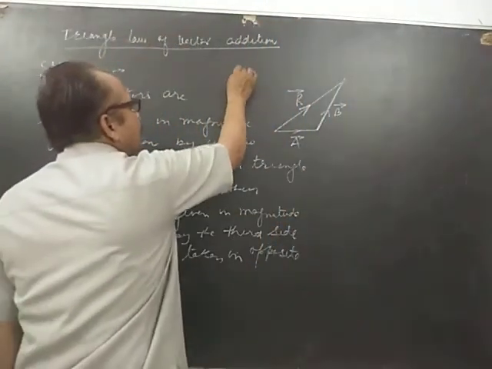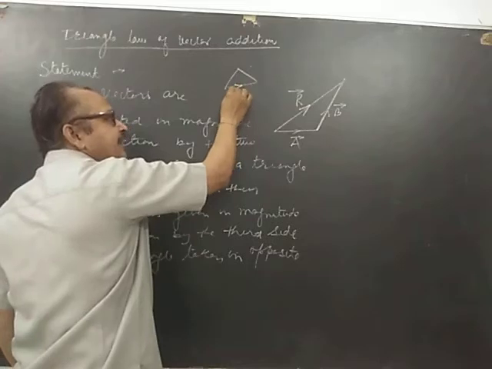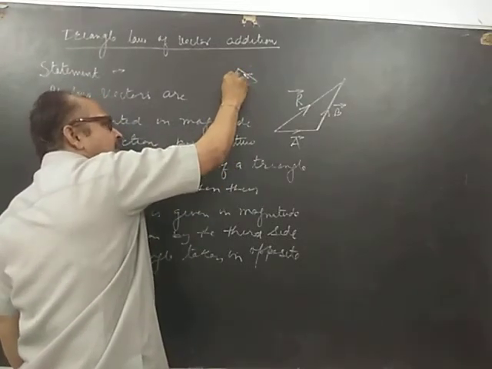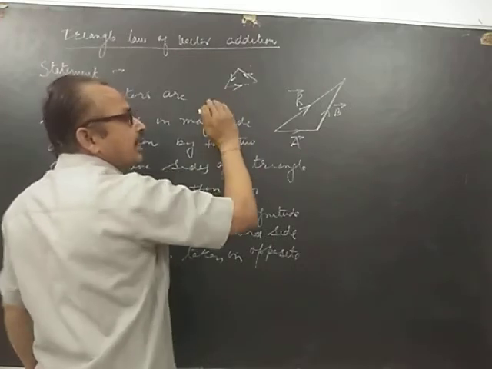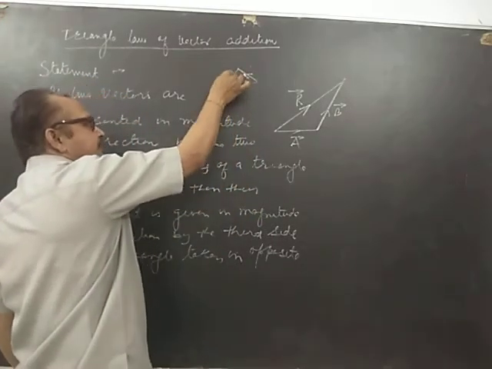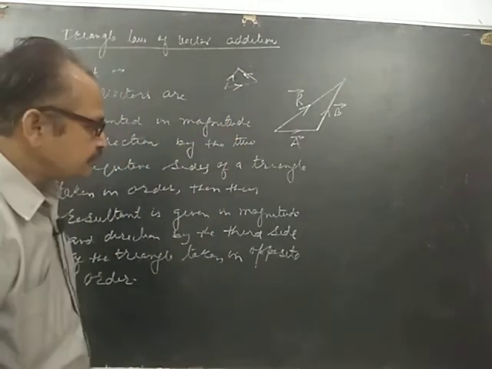So if you move like this, it will be in the same order, you went like this and came like this, so it is moving in the same order. Now the third side is in opposite order, so instead of this the direction will be this. Okay?